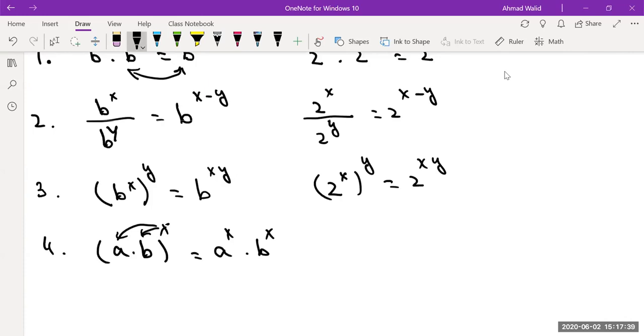Plus the other 3 that I put at the beginning of the lecture for you: b to the power of 0 is equal to 1, b to the power of negative n equals 1 over b to the power of positive n. We call all of them the laws of exponents.